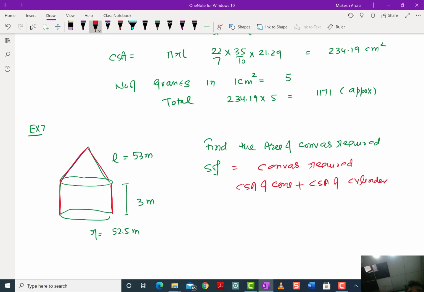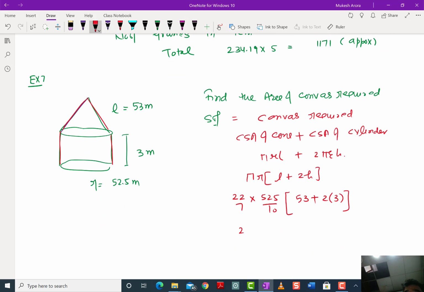Curved surface area of cone pi r L plus 2 pi r h. Pi r is common, L plus 2h. 22 by 7, r is 525 by 10, L is 53 plus 2 into 3.